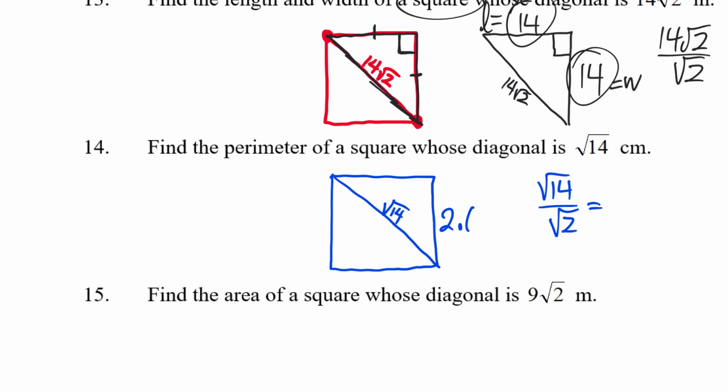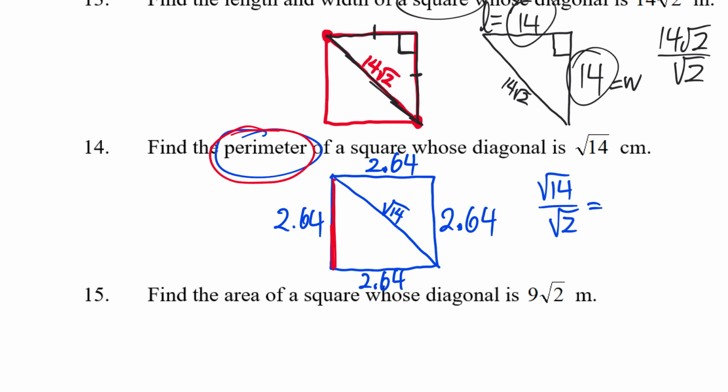2.64. Okay, now if you think about it on this square, all the sides are going to be 2.64. That's the way a square is. All the sides are the same. And this says to find the perimeter. So what does perimeter mean? It means add up all the outside edges.